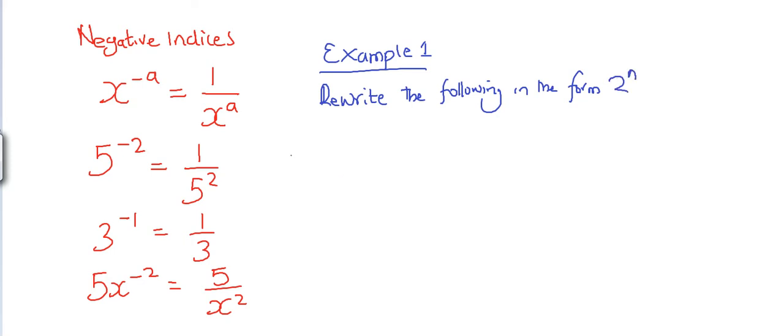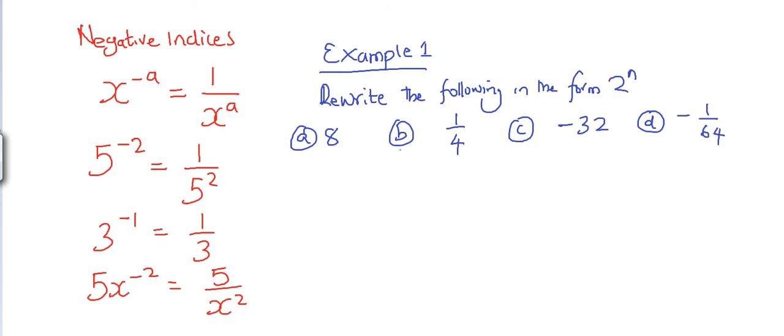A is 8, B is 1 over 4, C is minus 32, and D is minus 1 over 64.